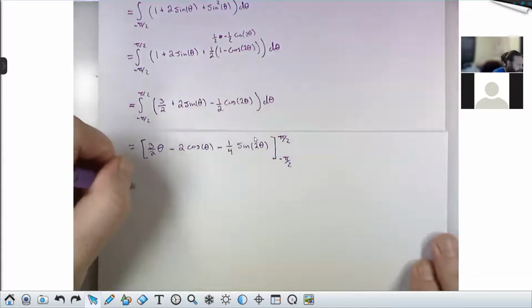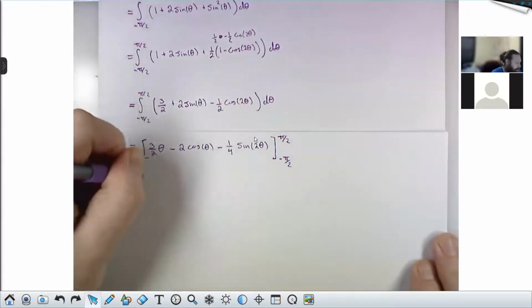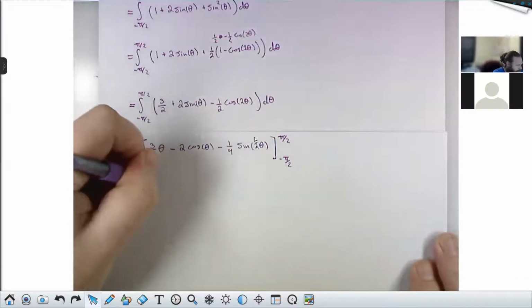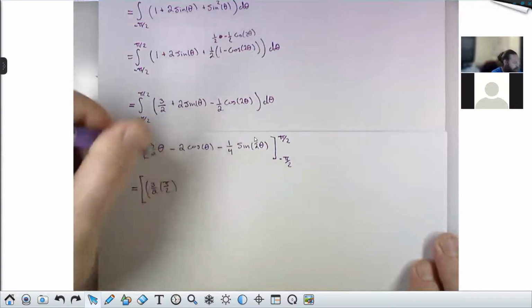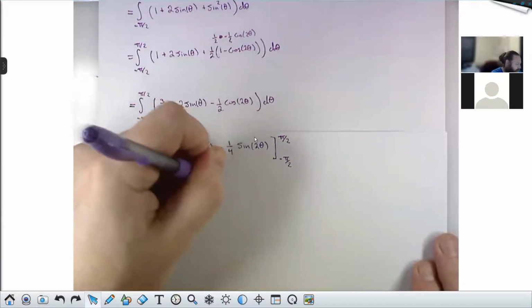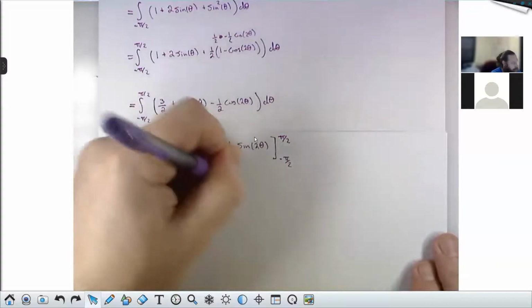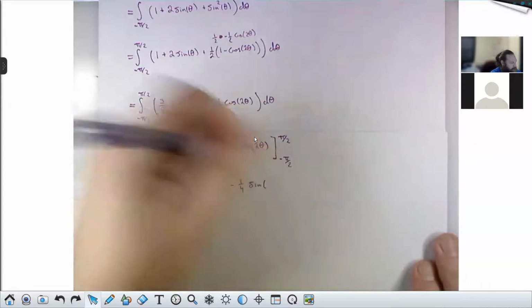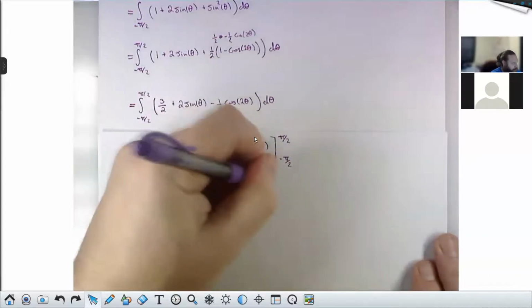I don't want to cause unnecessary confusion. We've got the space. So at the upper bound, I'll have 3/2 times pi over 2 minus 2 times the cosine of pi over 2 minus 1/4 times the sine of 2 times pi over 2, which is pi.